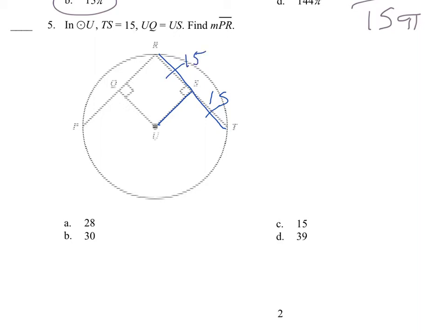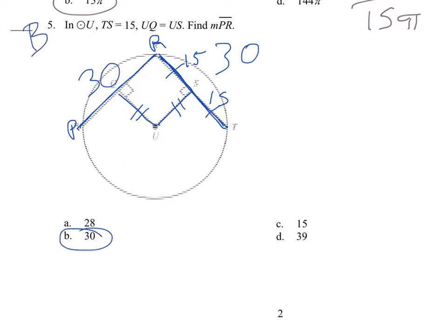And UQ and US are also congruent to this chord, which would mean this is P, this is R. That would mean that the two chords are congruent. So if each segment here is 15, the whole segment is 30, which means that PR is also 30. And my answer is B.